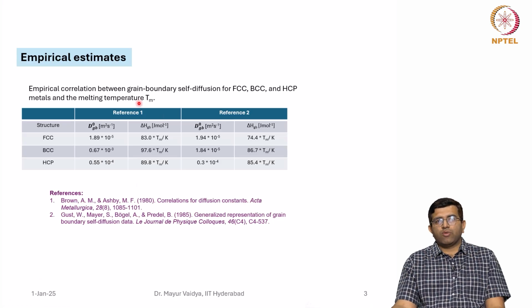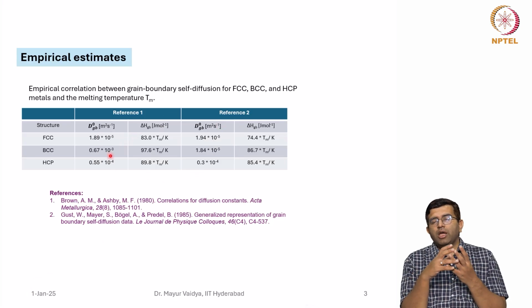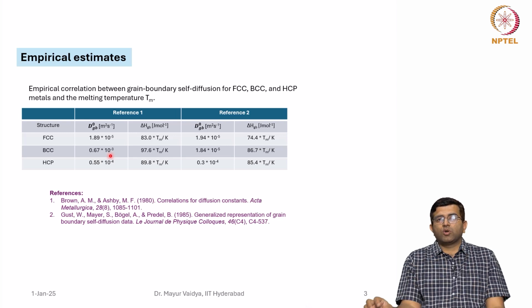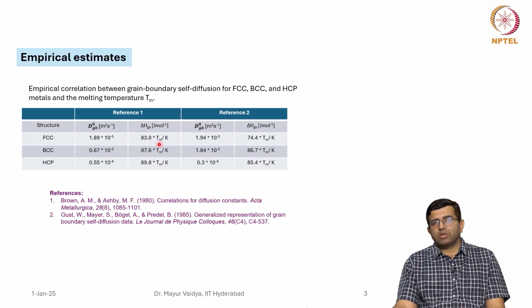These are two references, by Brown and by Gust, who try to give some empirical relations for D0 and delta H GB for FCC, BCC and HCP structures, where a correlation with the melting point was tried to be arrived at. For example, here you can see it is 83 multiplied by Tm.